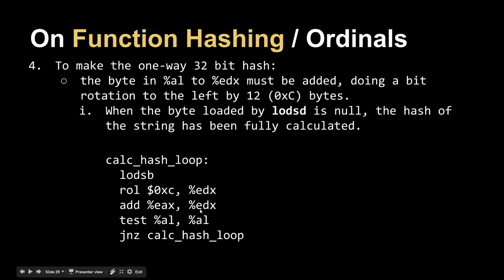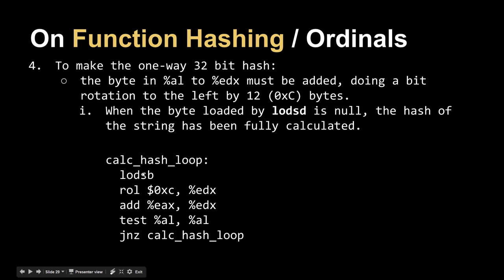Now EDX is no longer 0, unless the very first byte that was returned by LODSB was a null byte. Otherwise, it would have some data from the string. And so it checks to see whether or not AL is a null byte by doing test AL, AL. And if it's not 0, it jumps back up here. If it is 0, it means that AL has a null byte, and it would continue going on.